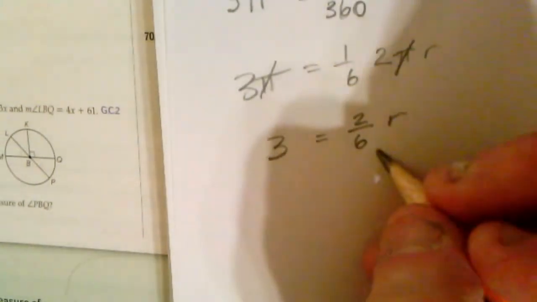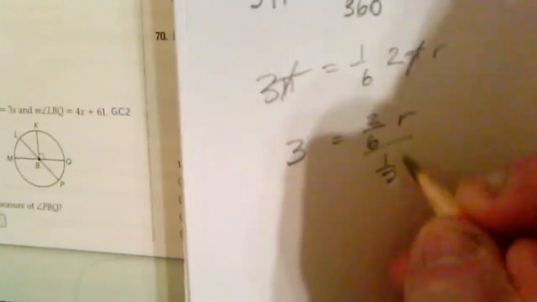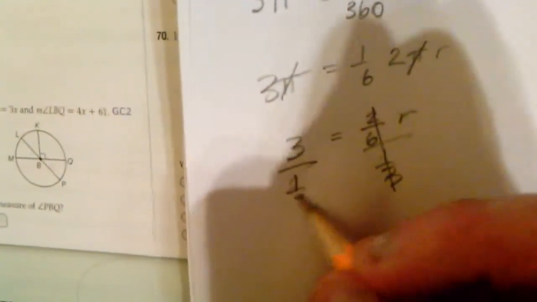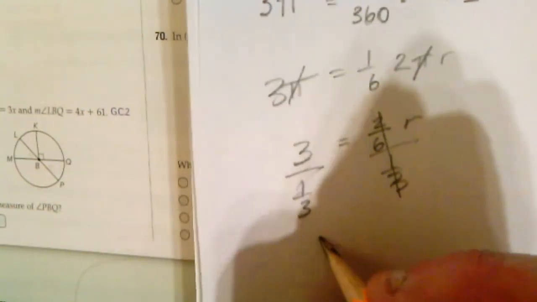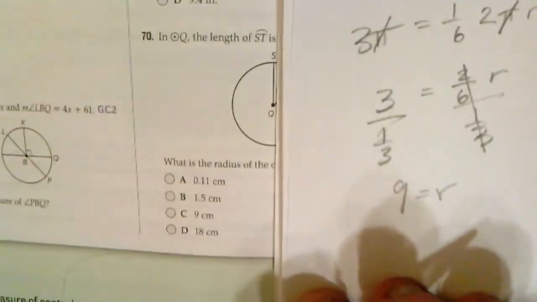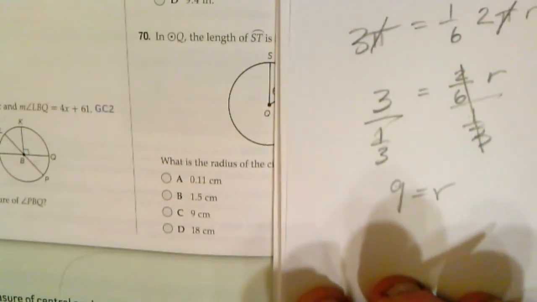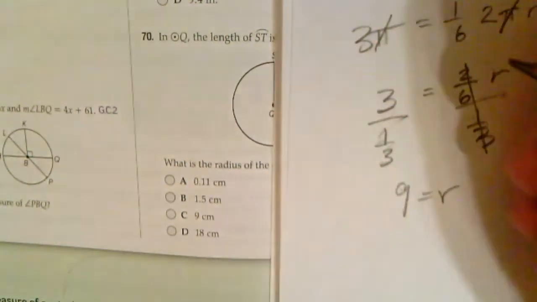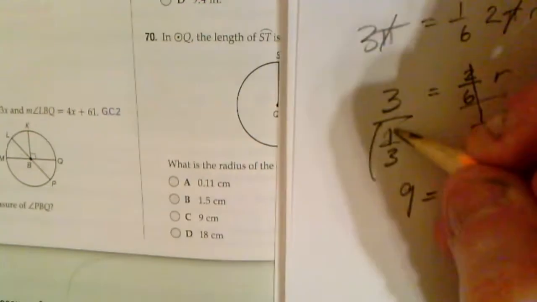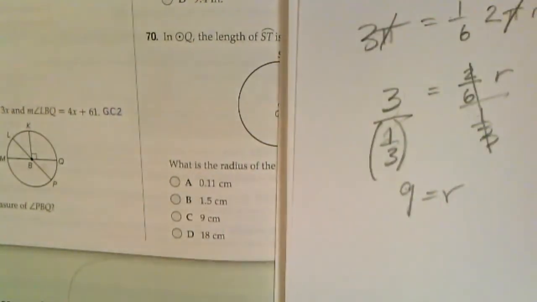Now from there, if I divide by 1/3, which is the same thing as 2/6, that cancels those out. Dividing by 1/3 is the same thing as multiplying by 3. So in the end, our radius length is going to be 9 centimeters. Okay. So again, if you plug that in your calculator because you don't think that's right, make sure you put parentheses around that, and you'll see that it ends up equaling 9 centimeters.